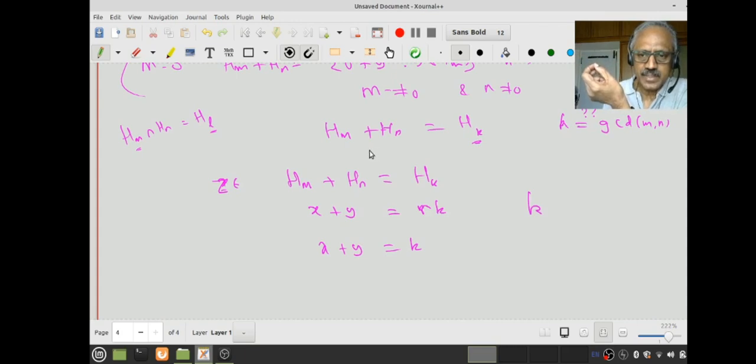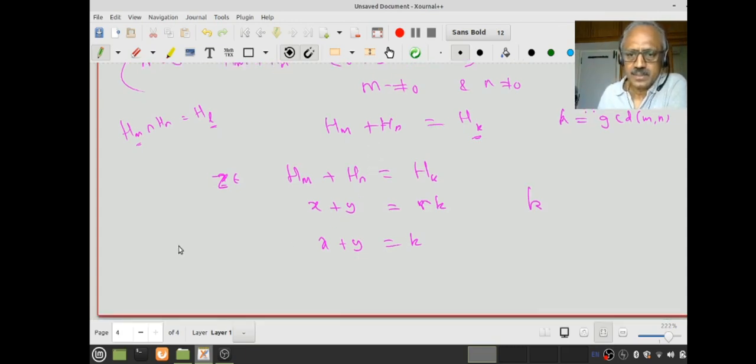Do all of you agree with that? Okay, good. So any element in HK is divisible by K. Therefore, X plus Y must be divisible by K. That's what we wrote.